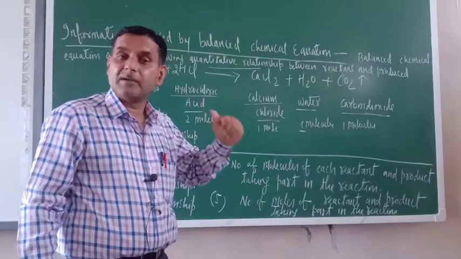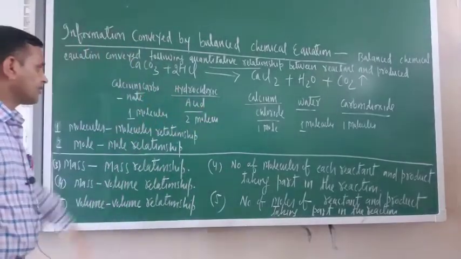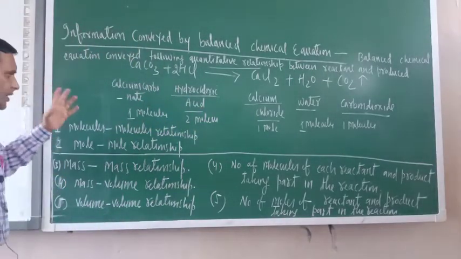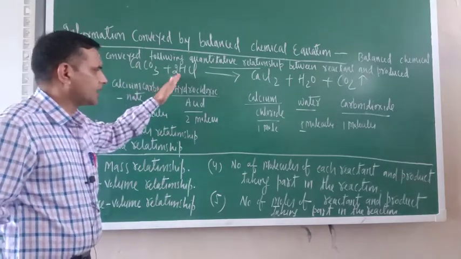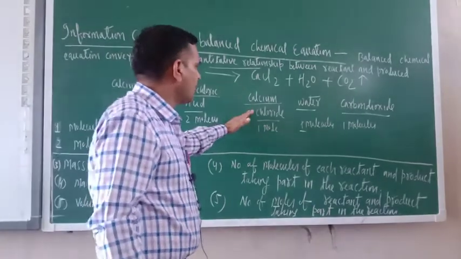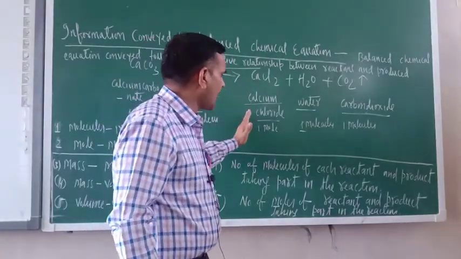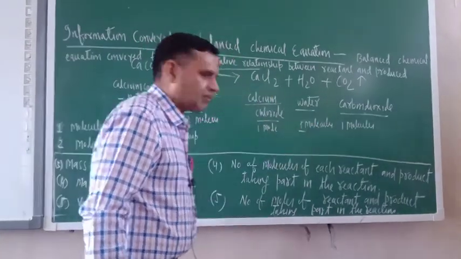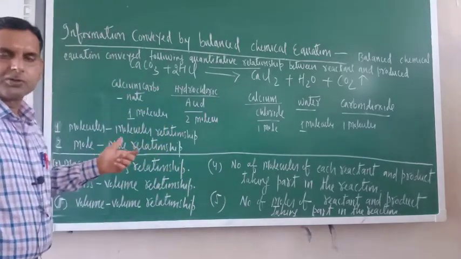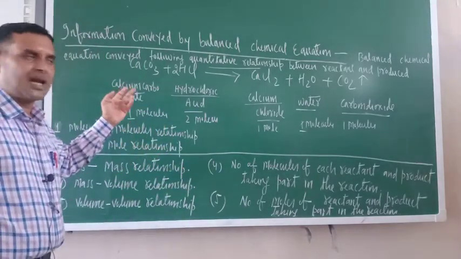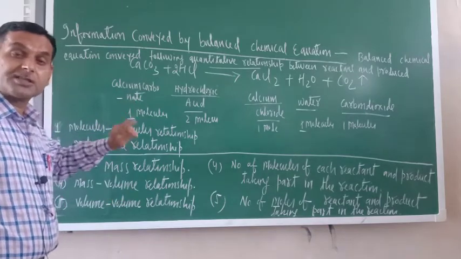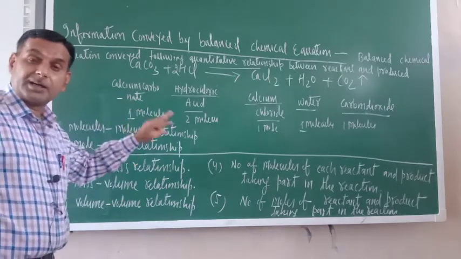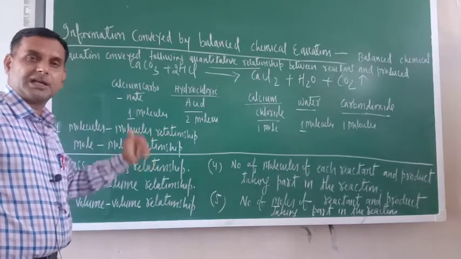That is why we balance the chemical equation. Here, 1 molecule of calcium carbonate reacts with 2 molecules of hydrochloric acid and forms 1 molecule of calcium chloride, 1 molecule of water and 1 molecule of carbon dioxide. Who is giving this information? The balanced chemical equation only. This is the relationship between reactant and product in terms of molecules.